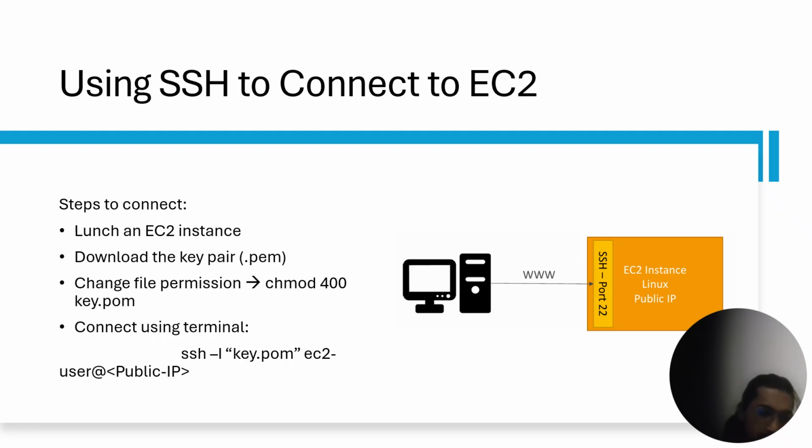Then you open the terminal and connect using the command ssh -i key.pem, which is the file name that you downloaded, then ec2-user at the public IP. Here, ec2-user is the default username for Amazon Linux, and the IP address should be your instance's IP address.